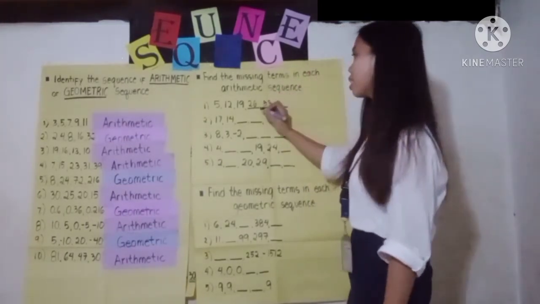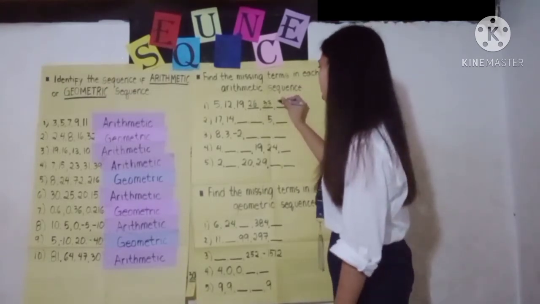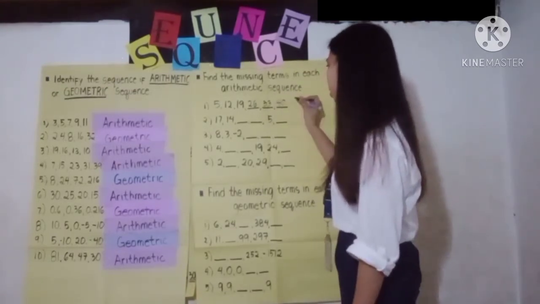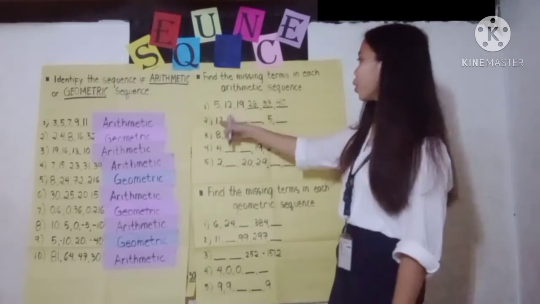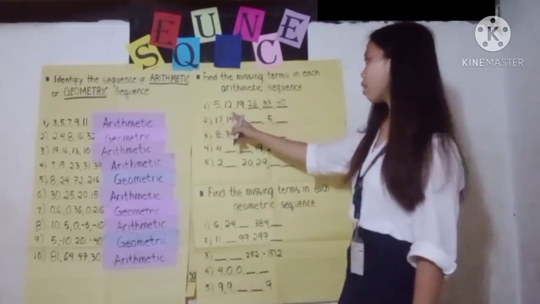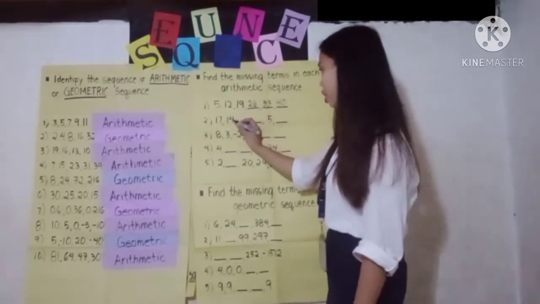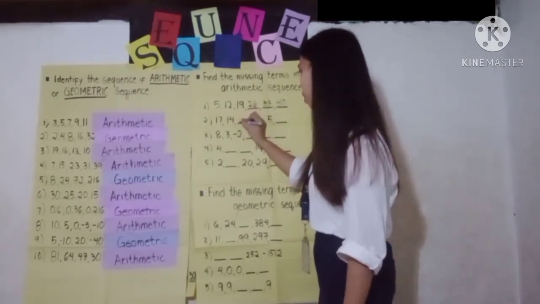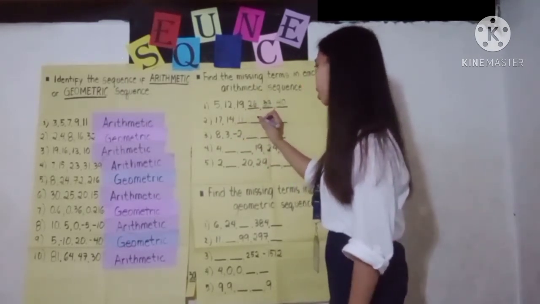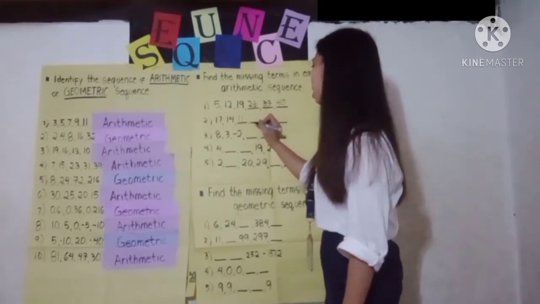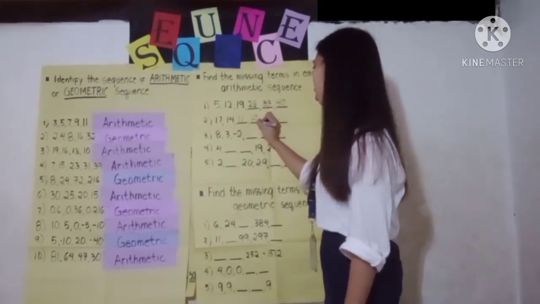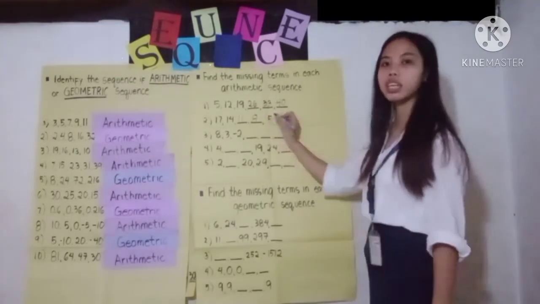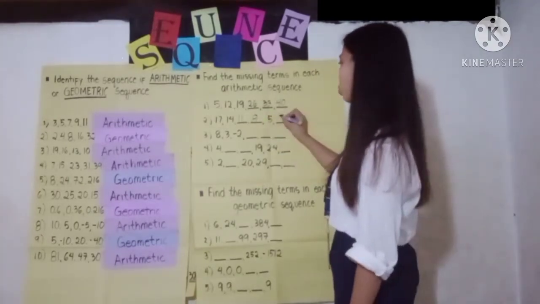And 33 plus 7 is 40. Number 2, 17 and 14, the difference is 3. So 14 minus 3 is 11. 11 minus 3 is 8. So 8 minus 3 is 5, and 5 minus 3 is 2.